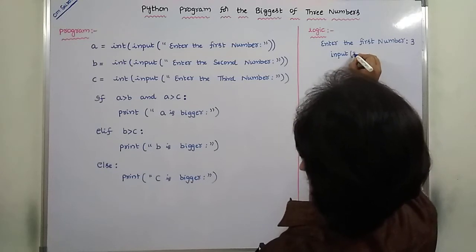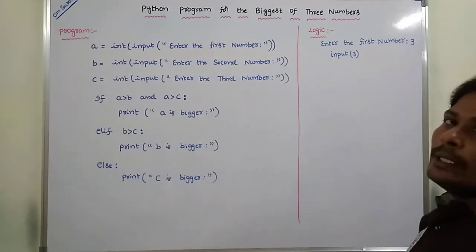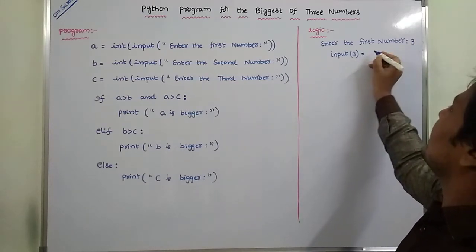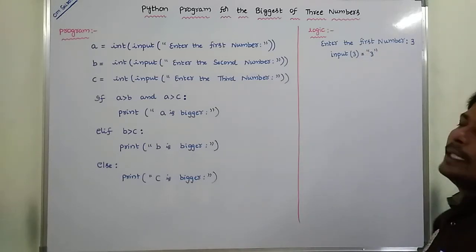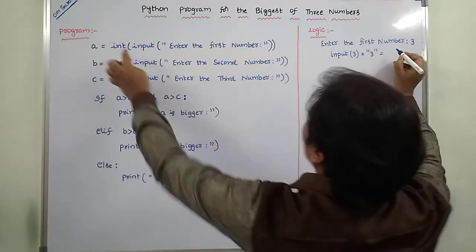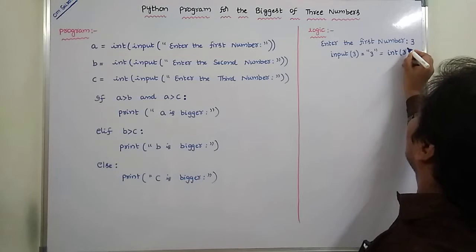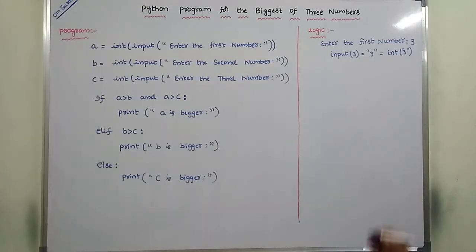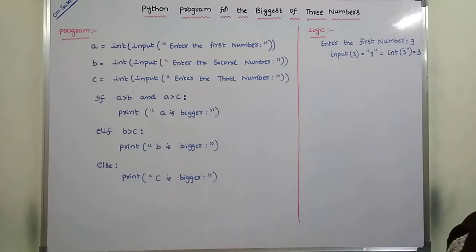The input function reads this 3 from the keyboard and returns the string "3". This string can be passed to the int function, which is typecasting. The int function takes the string input 3 and produces integer 3.